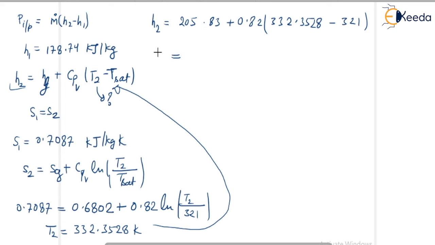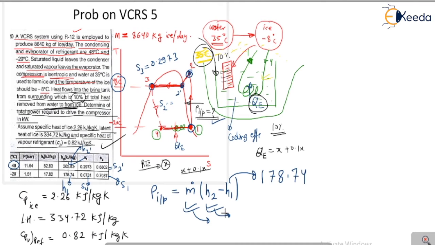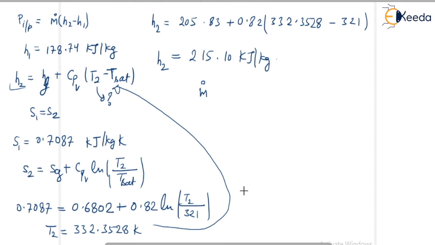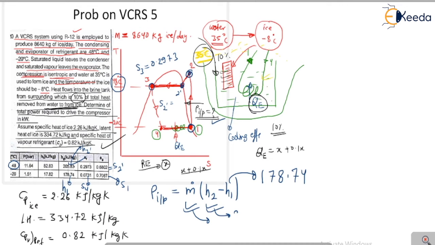From here we can easily calculate the H2 value, and the H2 value is finally 215.10 in kilojoule per kg. Is it right? Now we go for mass flow rate.